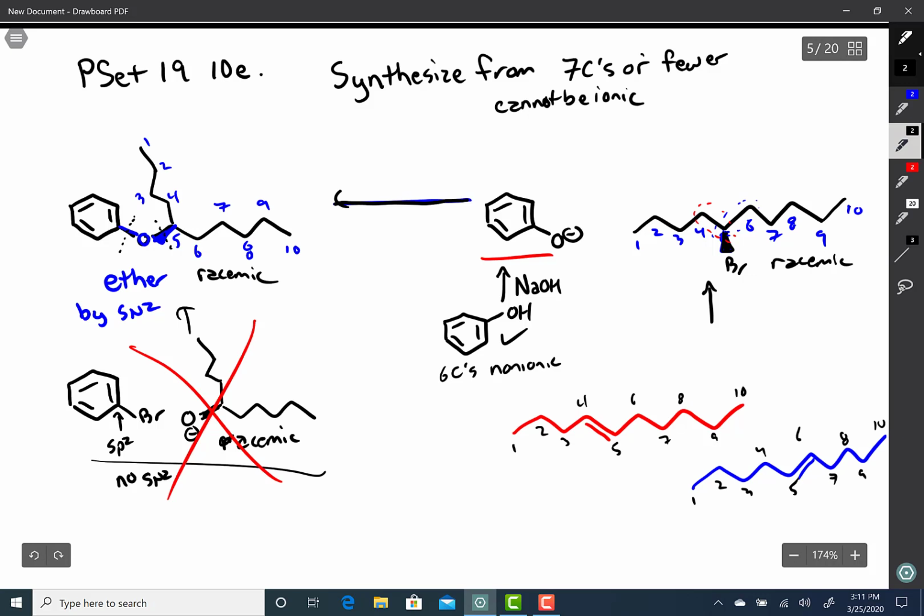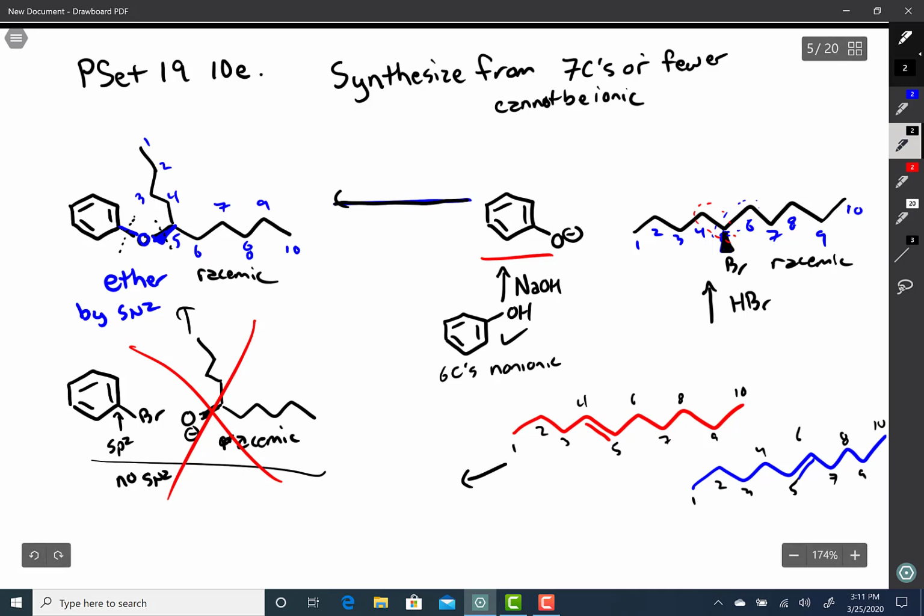Now, one of these is better than the other, because the way we go from an alkene to a bromide is we add HBr. This is an addition reaction. And you protonate to form the most stable carbocation, and the Br goes on the more substituted side. Well, the problem is carbon 4 is equally substituted as carbon 5.